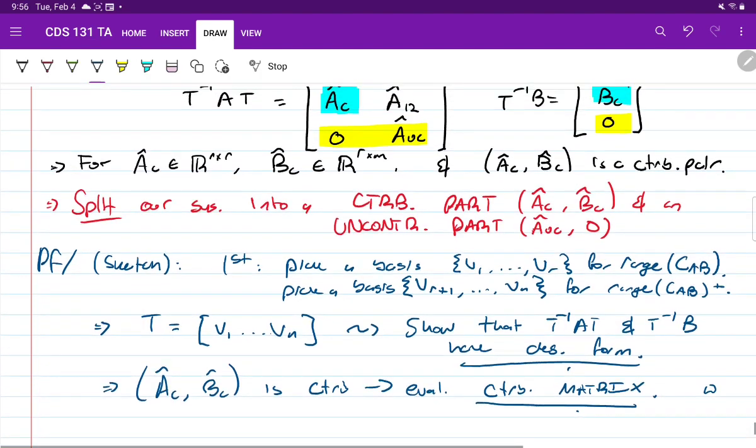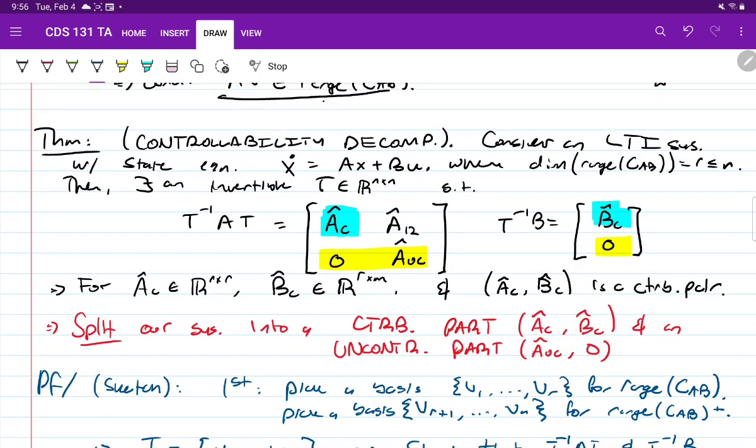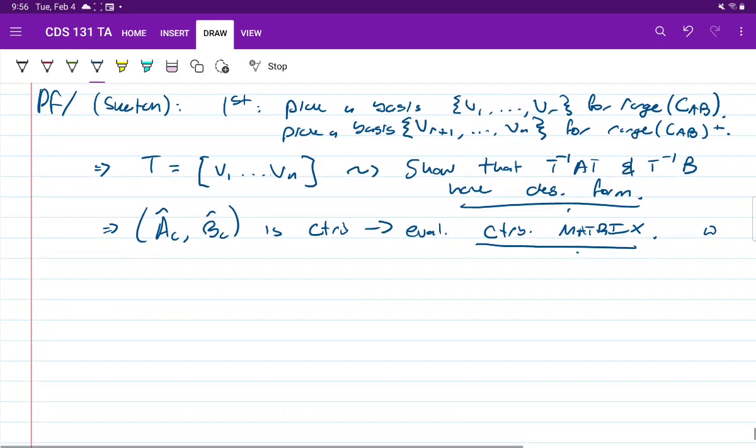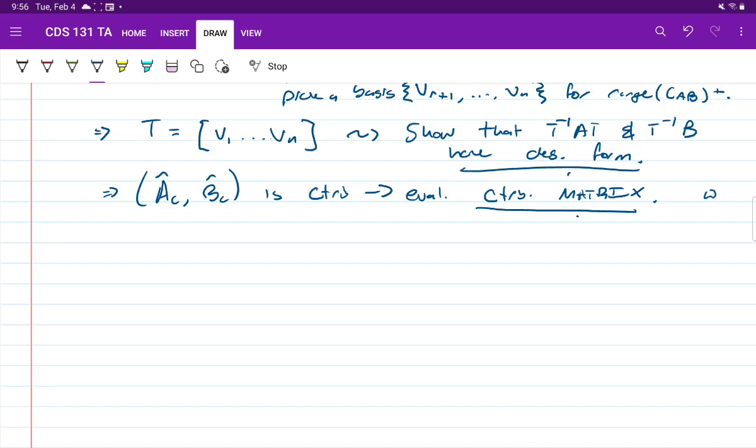Okay. So what I mentioned a little while ago is that if this uncontrollable piece of our system is already stable, maybe that's going to be fine for some purposes, right? So this leads us to a definition called stabilizability, which is kind of like a weaker form of controllability.